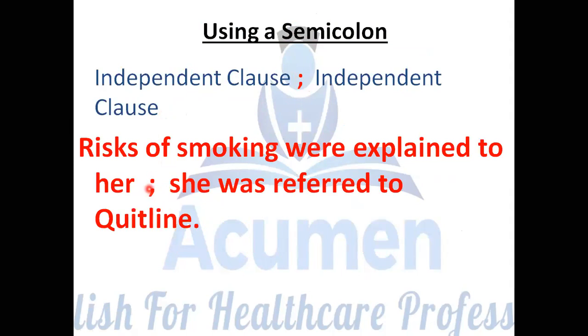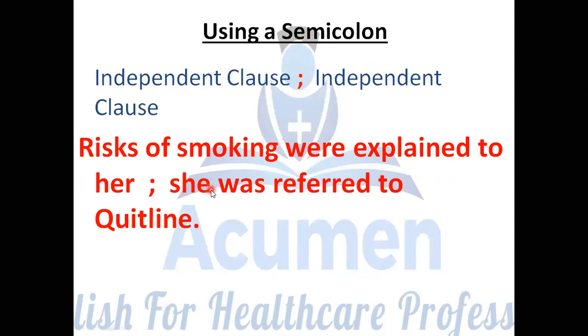So there are certain rules again which you need to follow. If you are connecting it using semicolon, that means one single sentence. So the letter which starts after semicolon is in lowercase. So you don't need to make it capital. And as I told you, they are both independent.